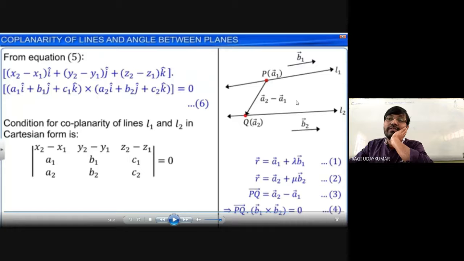And in the second line equation, x minus x2 by a2, y minus y2 by b2, z minus z2 by c2. Then if the line equations are given in Cartesian form, the condition is this one. In both the cases, the same condition holds.